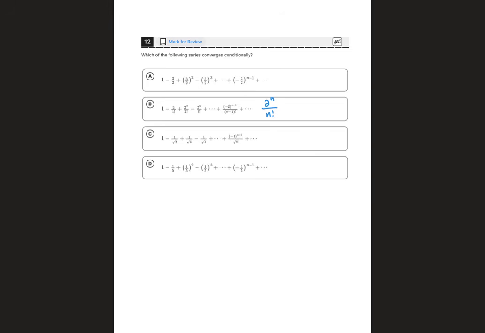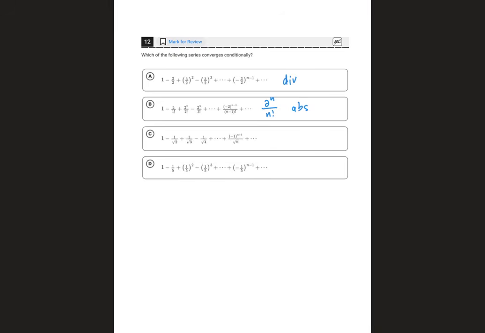And so that definitely converges, right? If the series on its own converges, then it'll converge absolutely. So this is absolute.